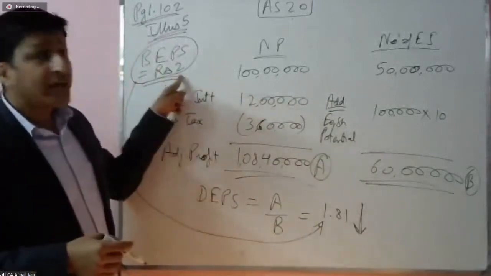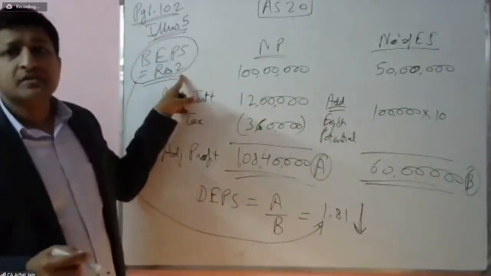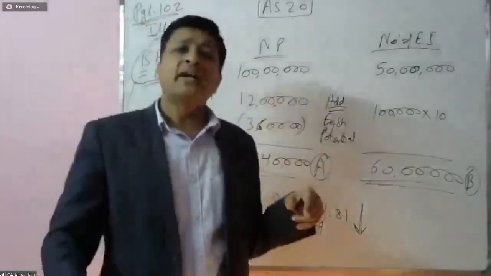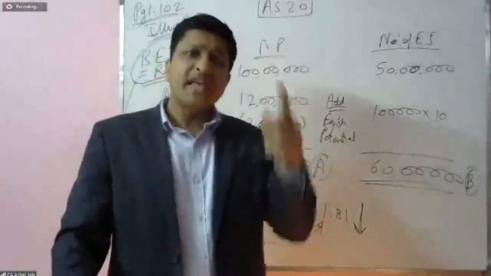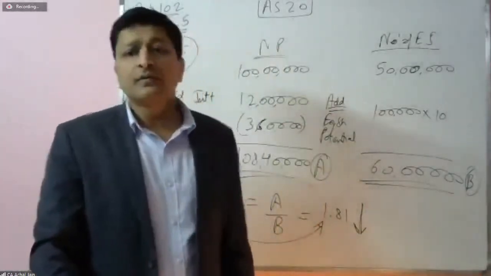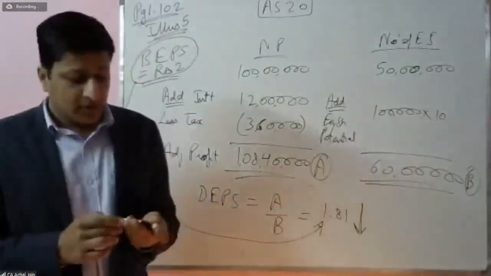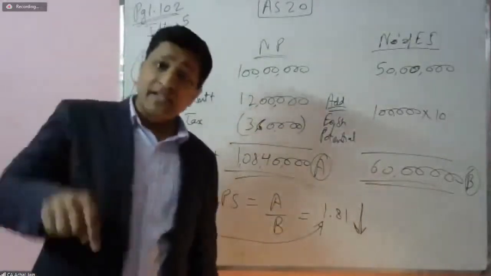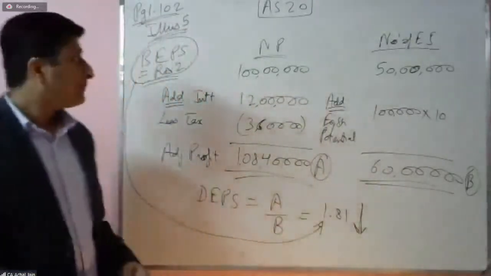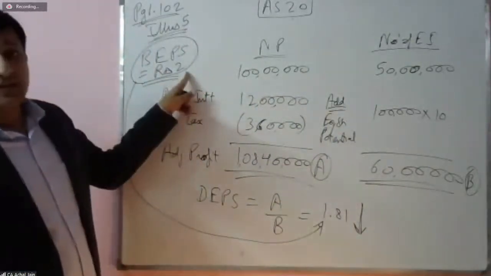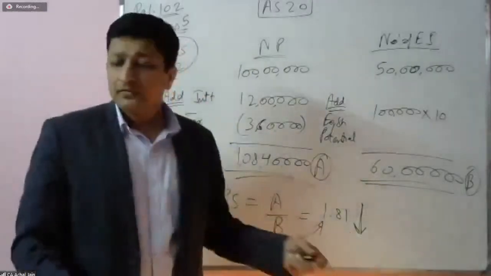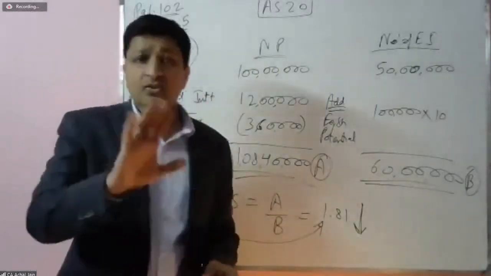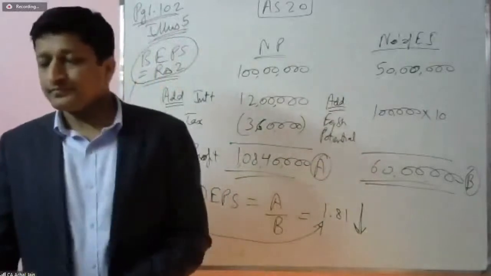When it goes down as compared to basic EPS. When would it be anti-dilutive? When it goes up as compared to basic earning per share. Clear? We are not comparing 2 years' data. We are comparing the EPS of the current year. See, this is of the current year. This is for the same year. Yeah, I'm hoping there's no such confusion now.